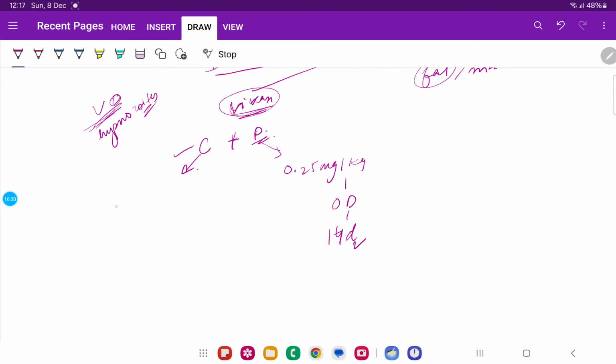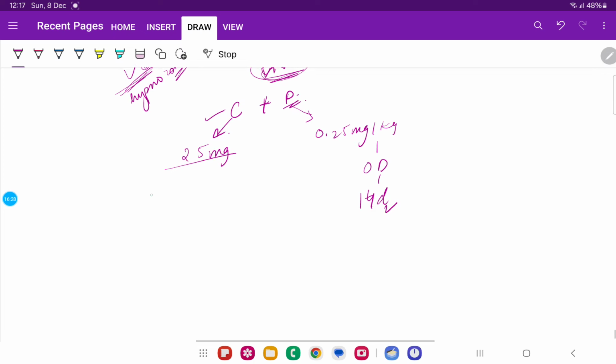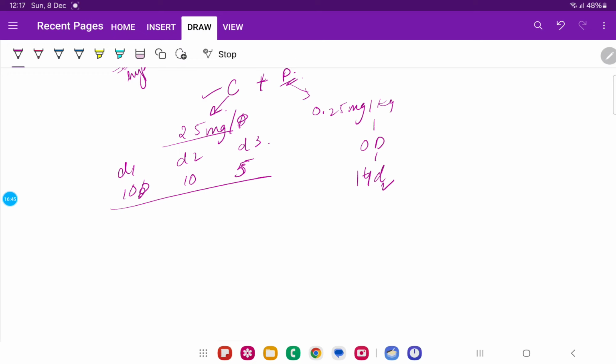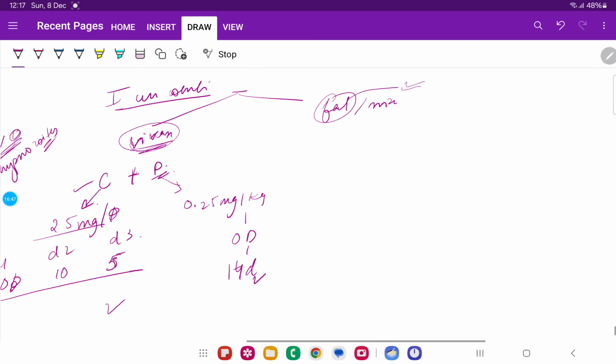Chloroquine we give 25 mg total. So day 1, day 2 and day 3, 10 mg, 10 mg and 5 mg. This is per kg. Okay, this is for Vivax.